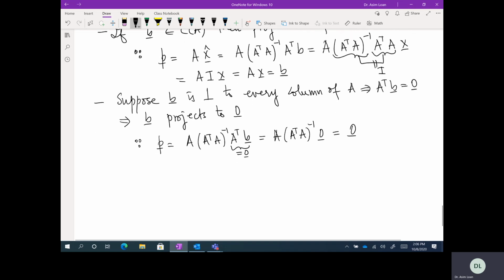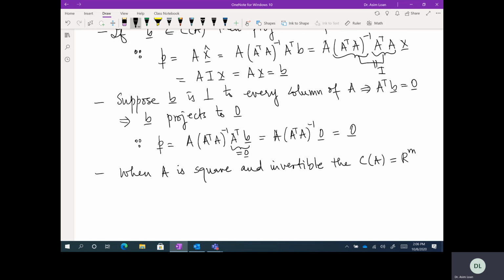Okay, good. And when A is square and invertible, we have full rank. So when A is square and invertible, the column space of A is Rm.